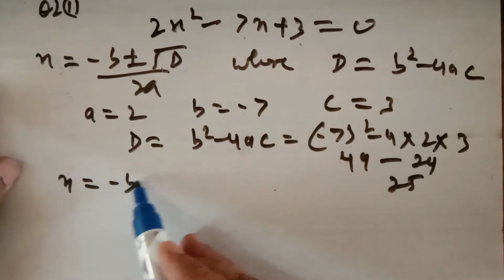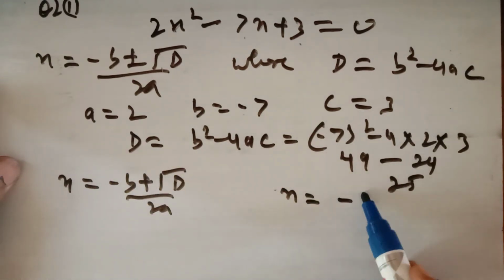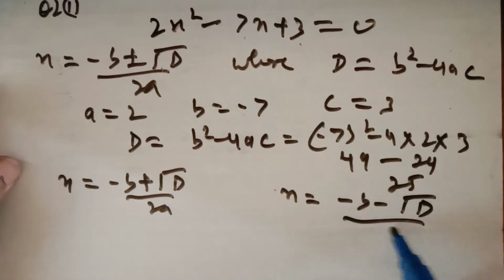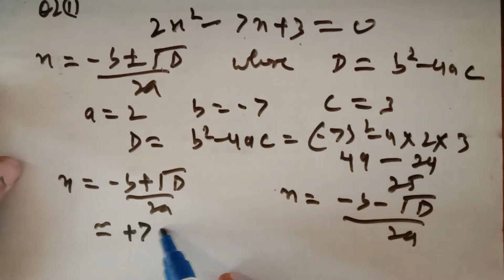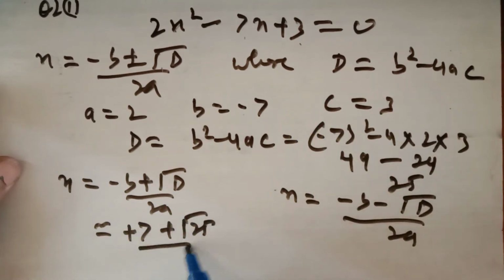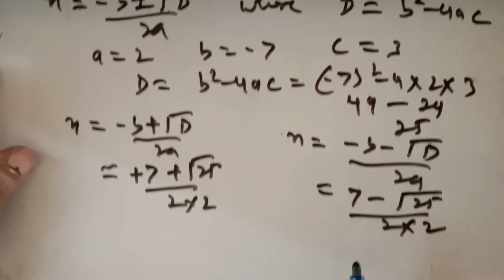It is -b. First of all you can take plus, and then for finding the second root you can take minus √D. You can break it into 2. So b is -7, so it will become 7 ± √25 upon 2 into a. Like this.